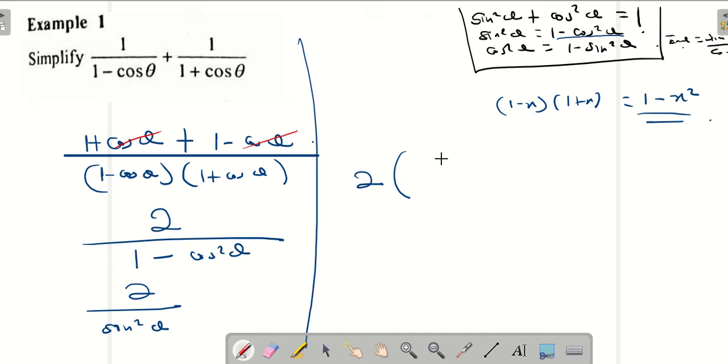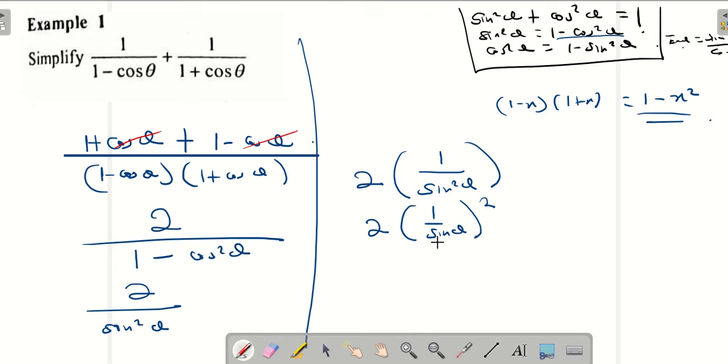You will be left with 1 over sine squared theta, which is the same as 1 over sine theta all squared. Because 1 over sine theta squared is the same as 1 squared, which is 1, and sine theta squared is sine squared theta.